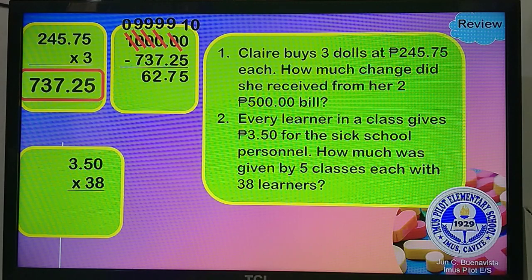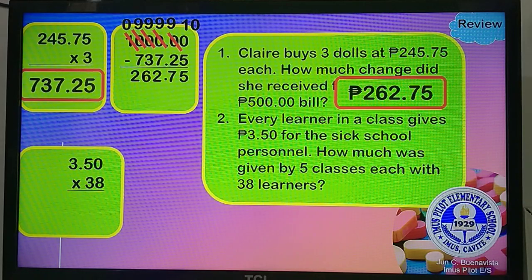Then, 9 minus 7 equals 2. Then, the remaining is 0, so we are not going to bring down that. So, the answer for number 1 is 262 pesos and 75 centavos. That is the change of Claire. So, that is the answer.